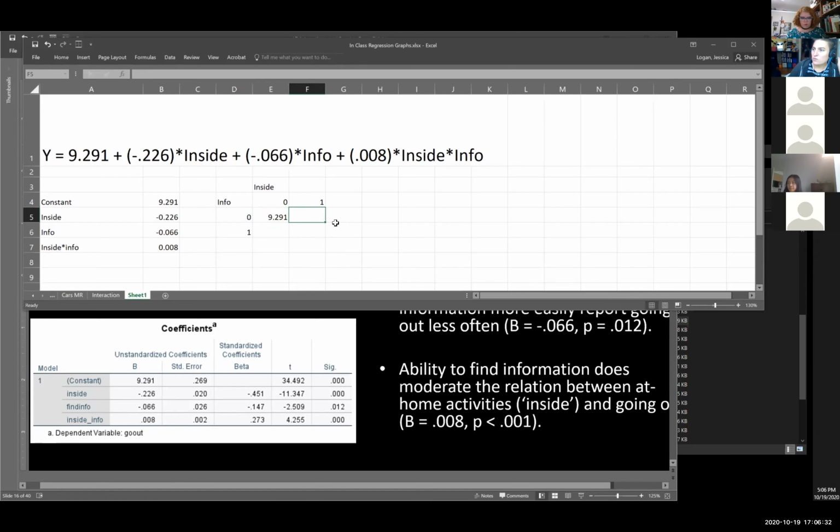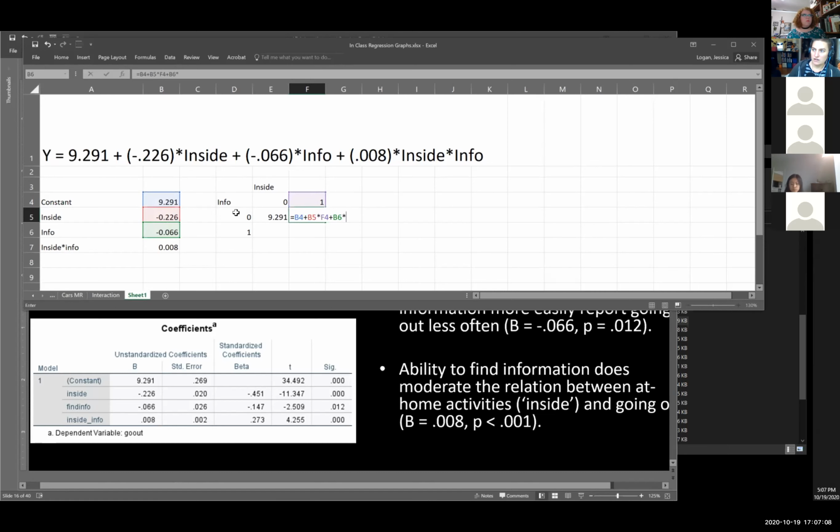And what about when it's 1? Let's do this math. All I'm going to do is recreate this equation. So I'm hitting the equals button, this, plus, following right along, this times, what's this, inside? So I need to pick the inside value, this, plus this times, I need to pick the info value.